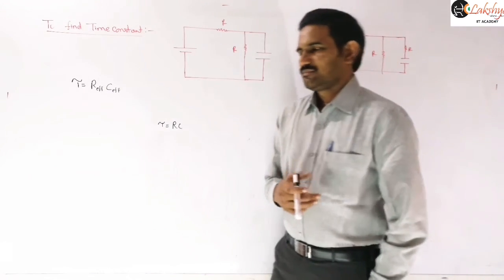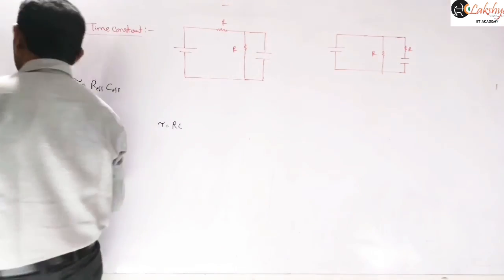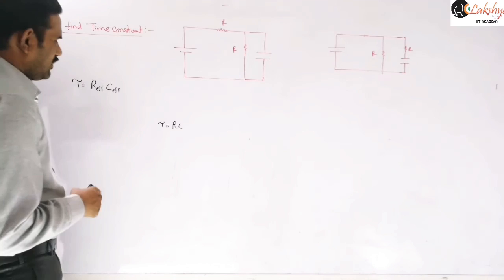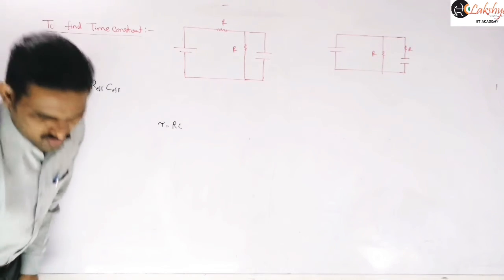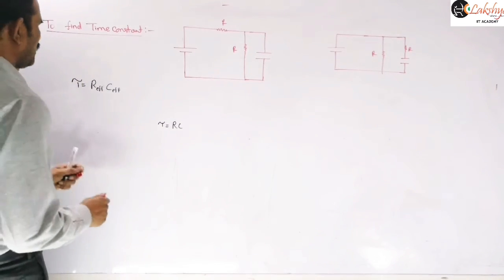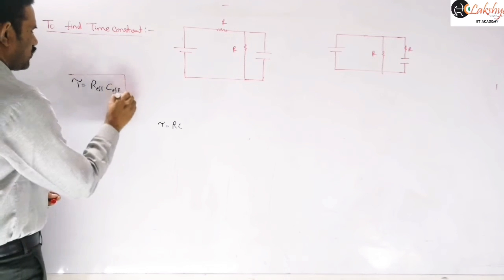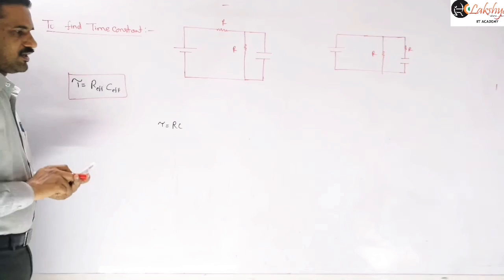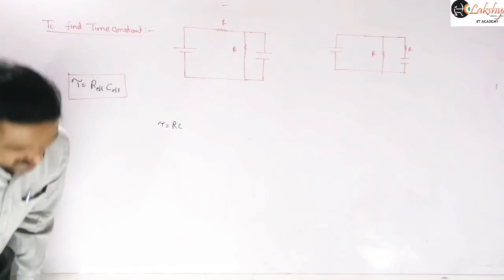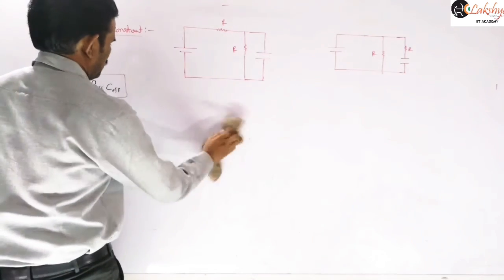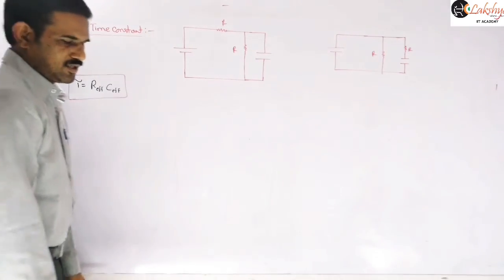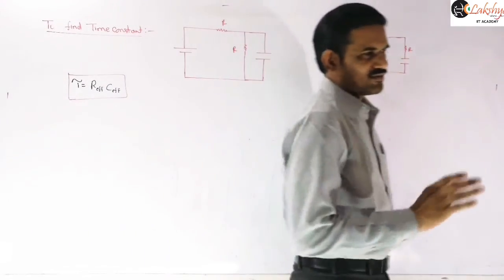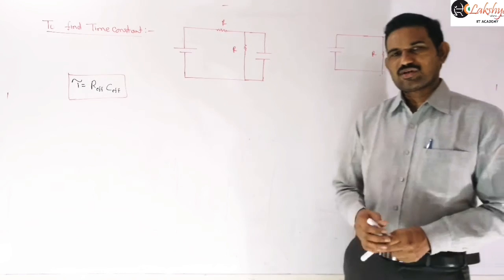Then the time constant of the circuit is given by, mention this, tau is equal to R effective into C effective, right? So it is the procedure for finding the time constant of the circuit directly.